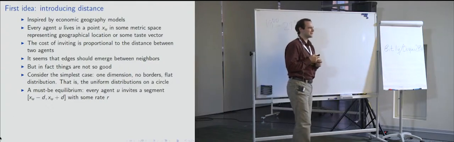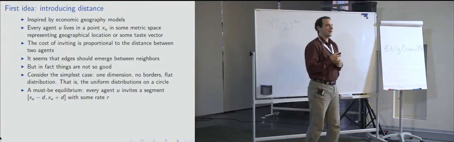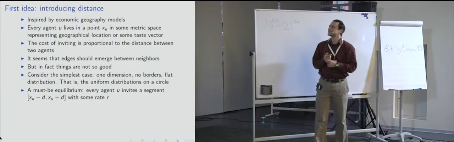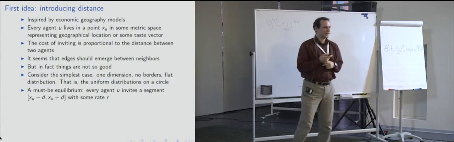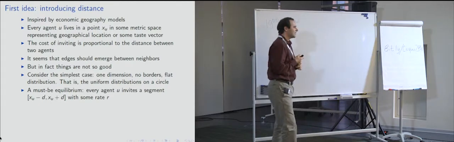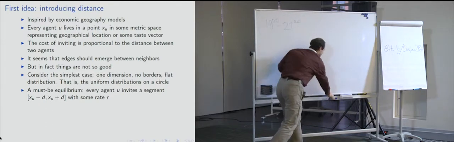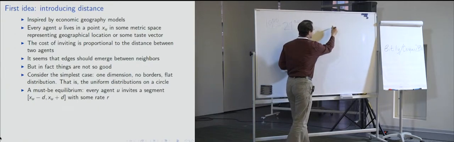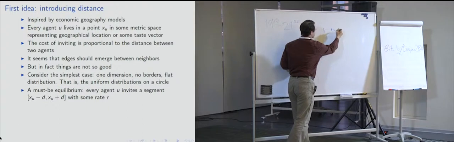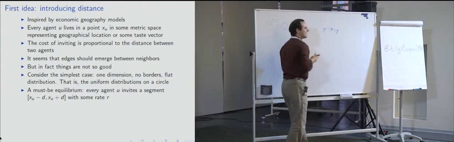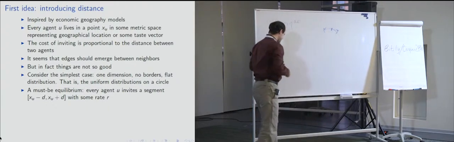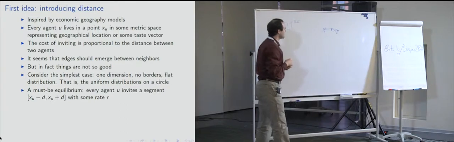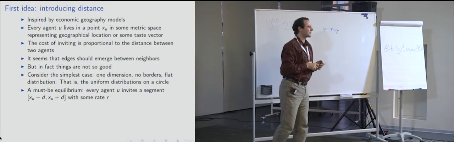That means that this is a circle, and the distribution is just uniform. The first idea is that every agent should invite just its vicinity, and some wheel-like structure should emerge.